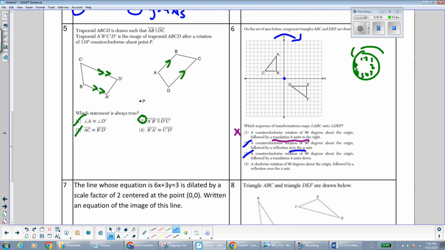So here's the origin. And clockwise is this way in the direction that the numbers move. One, two, three, four, five, six. 1, 2.